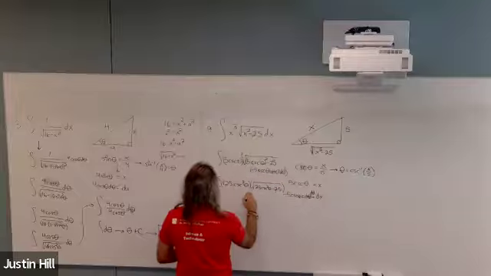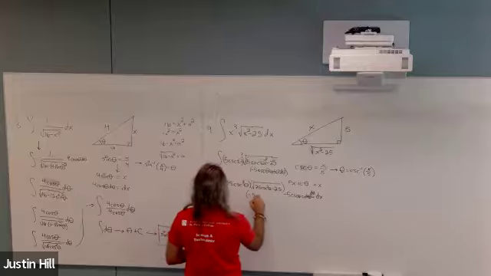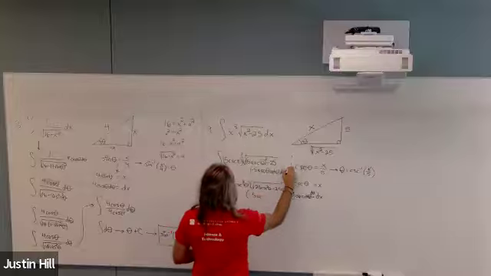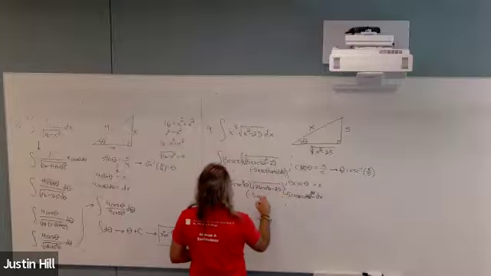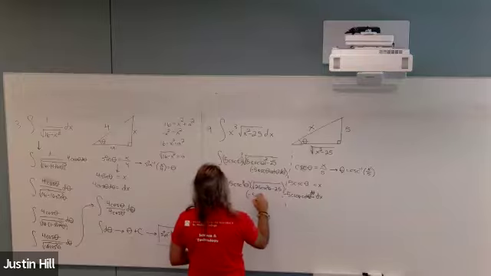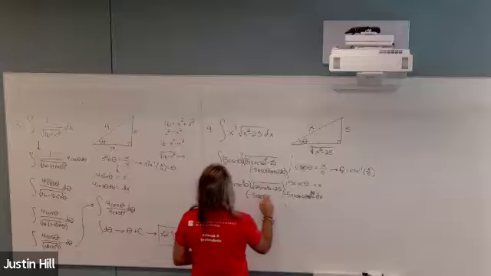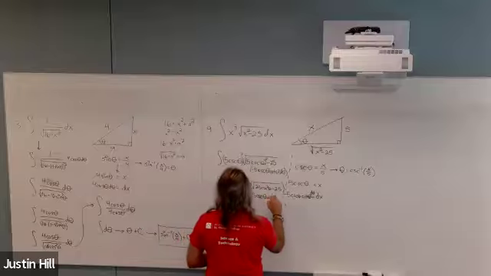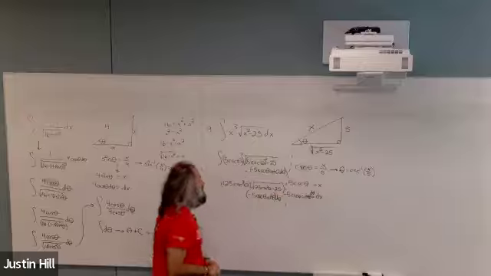And then still times -5 cosecant theta cotangent theta d theta. Sure, that's good, the d theta at the end.